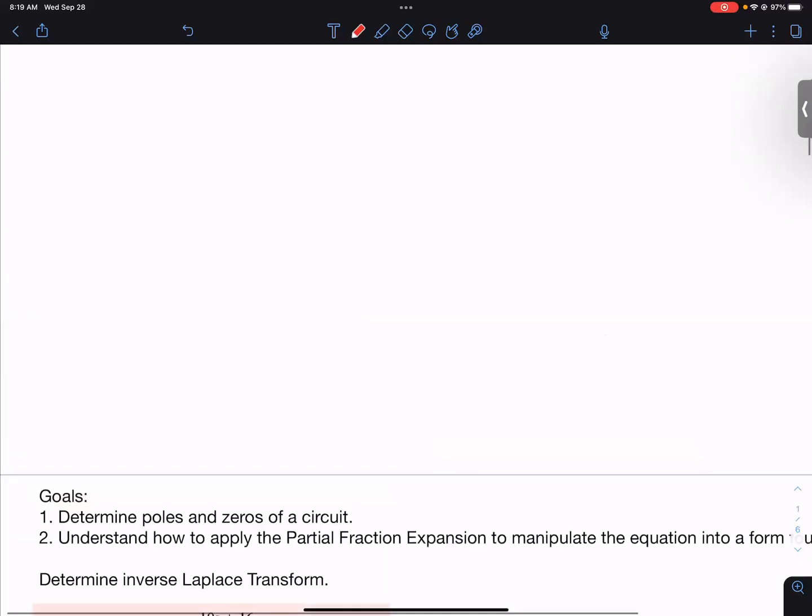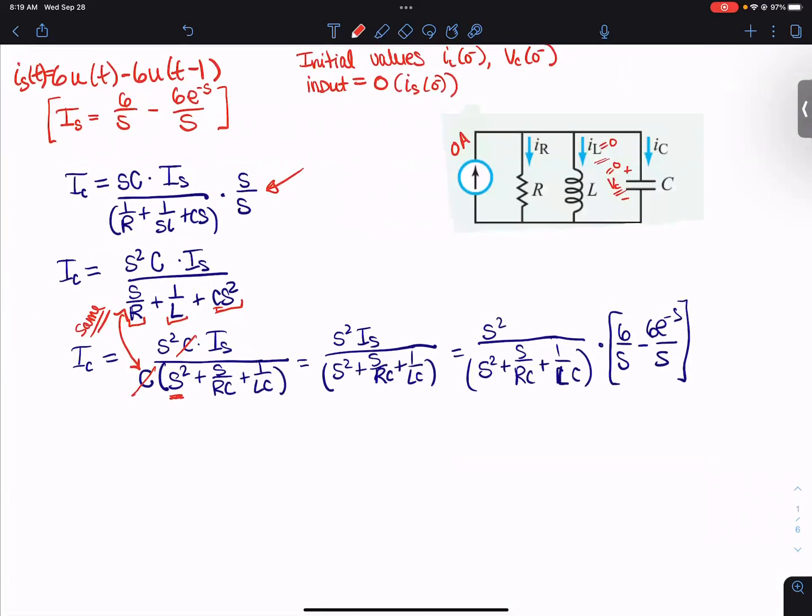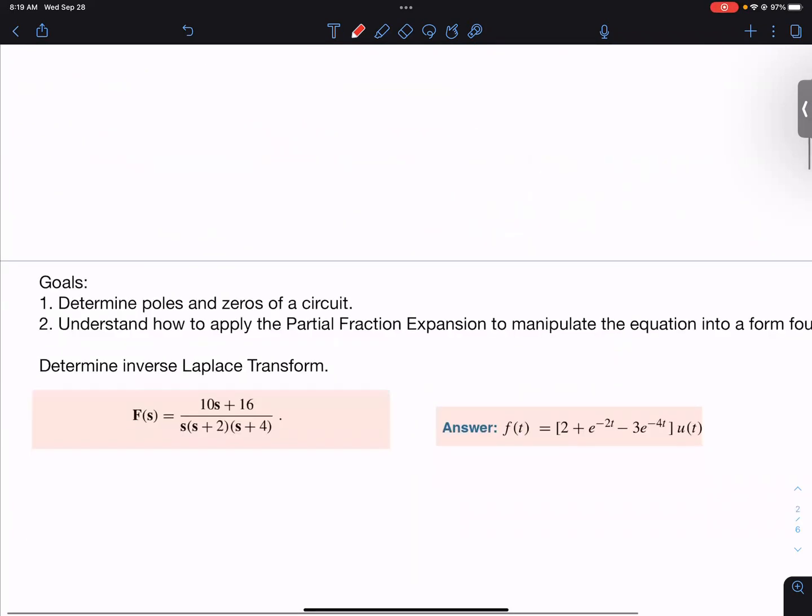So the goal on this manipulation now is to get that S squared by itself to see, does that match up right there? If not, we need to look and see, can we factor it when you get it into this form? Yeah. Is that what you guys call it? Okay.